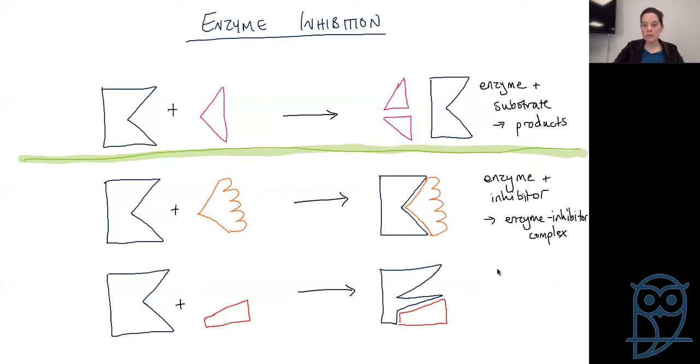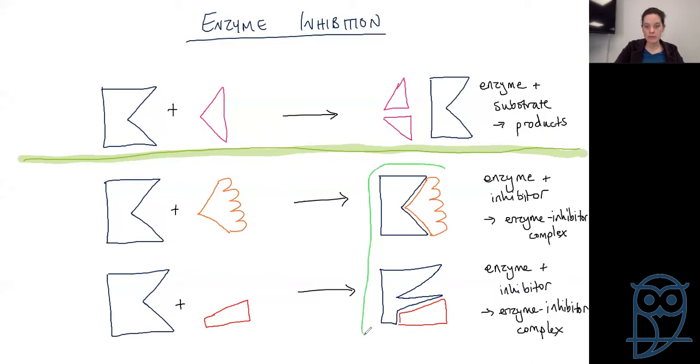In these other two options, we have enzyme plus inhibitor, and that creates an enzyme inhibitor complex, and it effectively takes that enzyme out of action. These are completely dysfunctional enzymes. So the enzymes don't function.